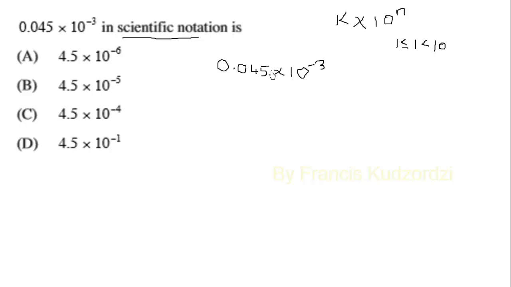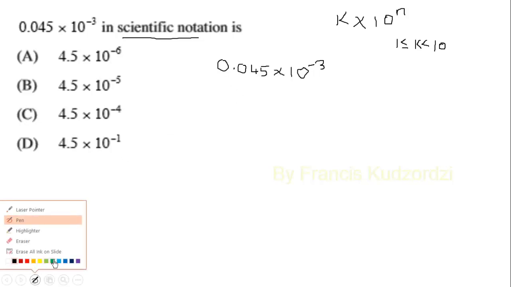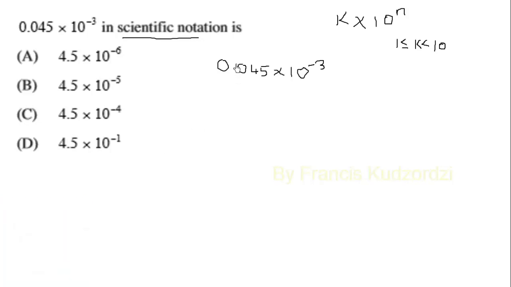So for this to be equal to k, so it's less than 1. For k to be within this range, we must move it forward. So that will be moving forward how many times? We have 1 2, so that is 2 times.